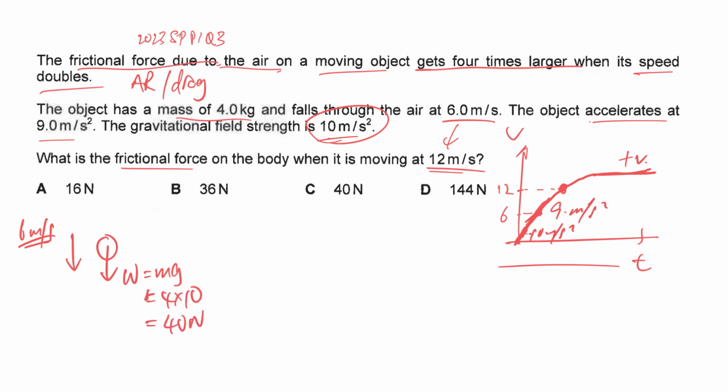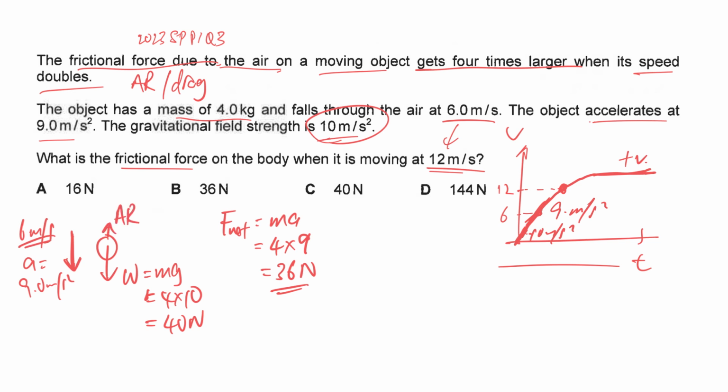And since the ball is falling with an acceleration of 9 meter per second square, you can actually find the resultant force or the net force acting on the ball right now, which is F equals ma. Your mass will be 4 and the acceleration will be 9, and this will be 36 Newton. As it's falling, it has a speed, so there's an air resistance.